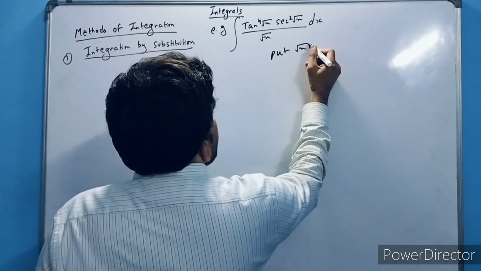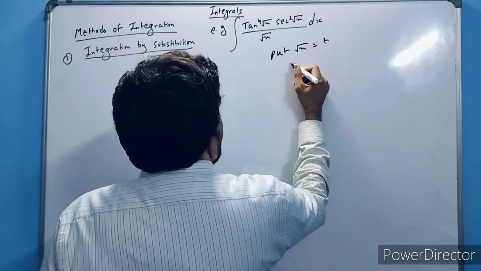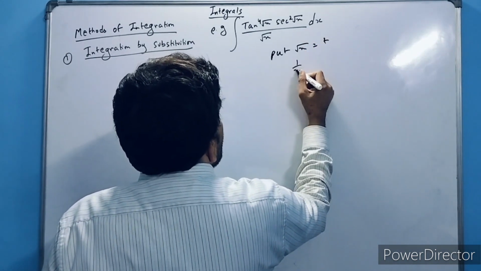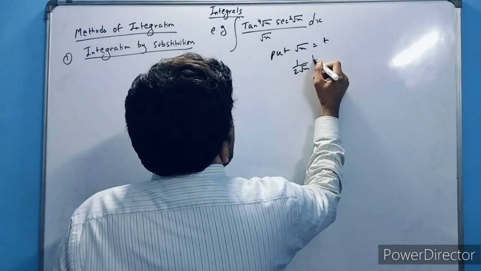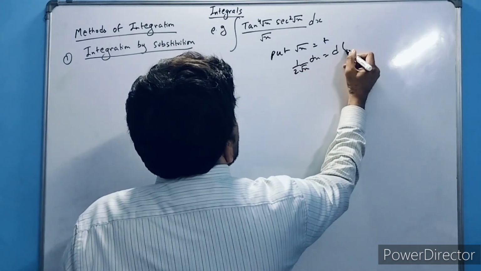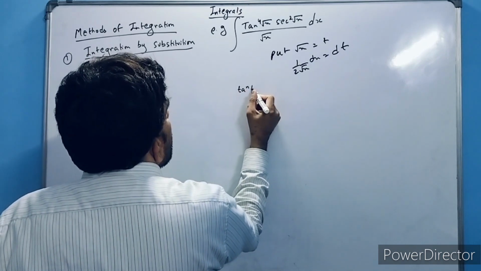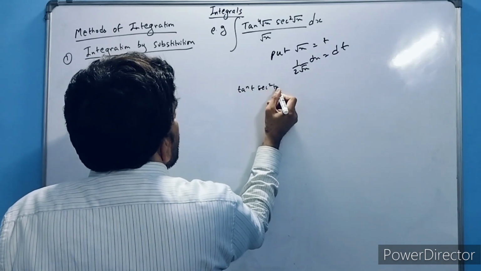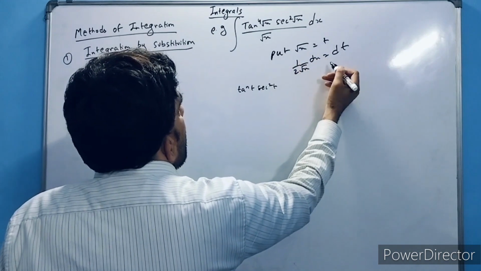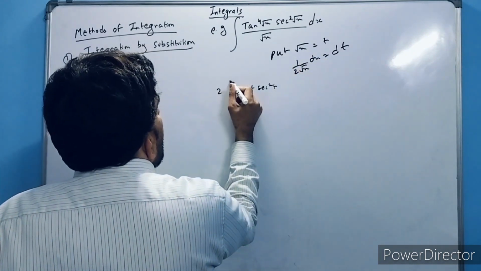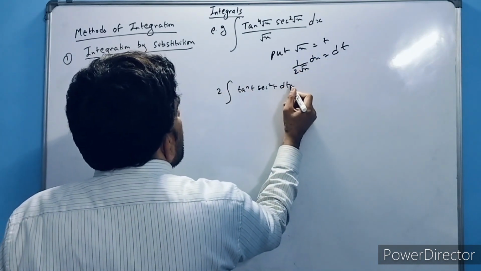Put root x equal to t, so the differentiation gives dx upon root x equal to dt by 2. So I will put here 10 raised to the power 4 tan t, sec square t, and the 2 I will keep here, so I will get dt.